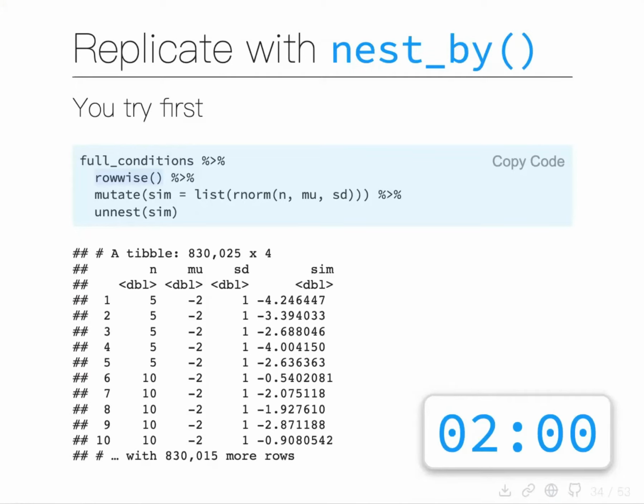So if the output from that operation is anything other than a single value, we need to wrap that output in list, okay? So here, I'm saying mutate, create an object called sim, where I'm going to have an output that's a list, and I'm going to use rnorm with this n, this mu, and this standard deviation, okay?